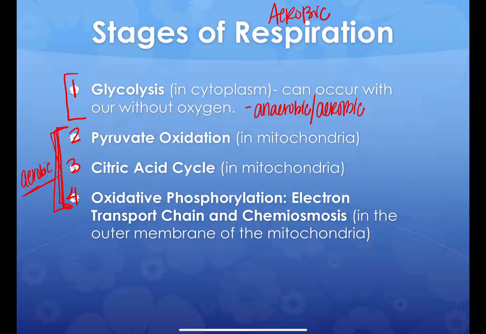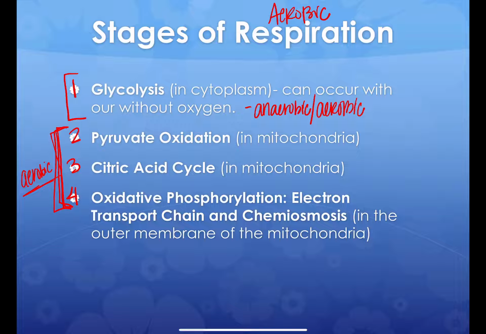Plant and animal cells both do cellular respiration. Only plant cells do photosynthesis, but plant cells also do cellular respiration, okay? So please understand that. Now, cellular respiration also happens in both prokaryotic and eukaryotic cells, okay?